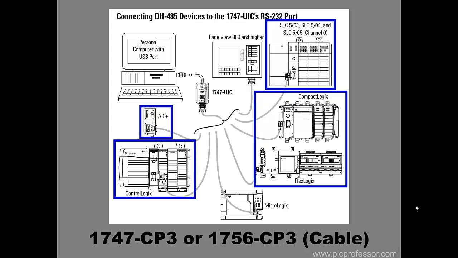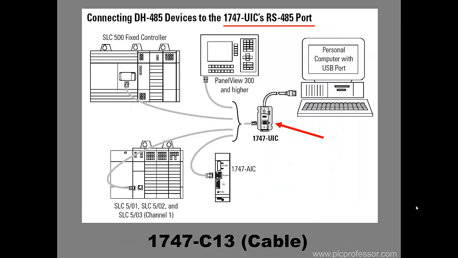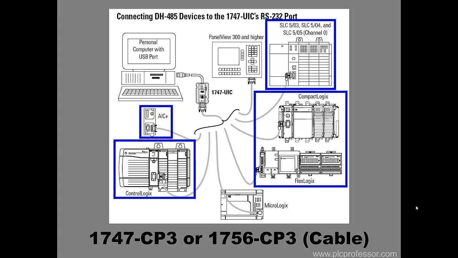Okay, if you're going to connect DH485 devices to that PIC replacer, you can do it. In the previous, we had the C13 cable, which looks like an Ethernet cable. It's not, but it has two RJ45s on it. This one is actually an RS-232 cable, the 1747 or 1756 CP3.